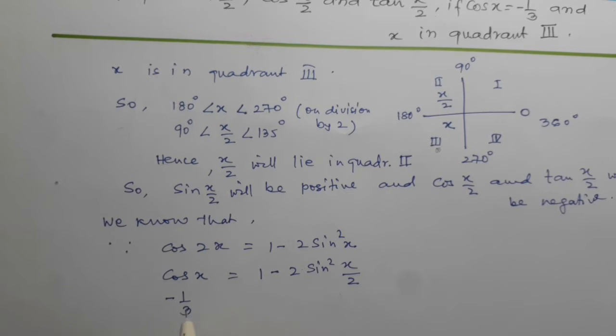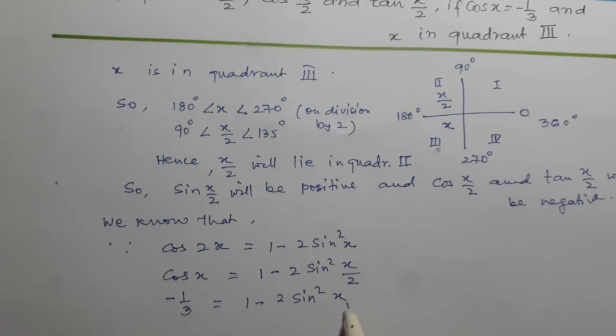So we shall put minus 1 by 3 in place of cos x, and it will be 1 minus 2 sine square x by 2.